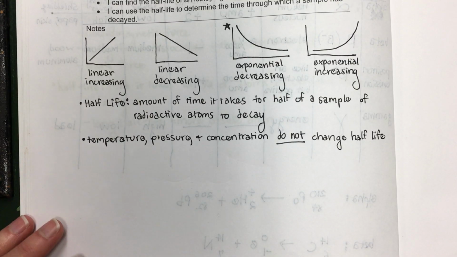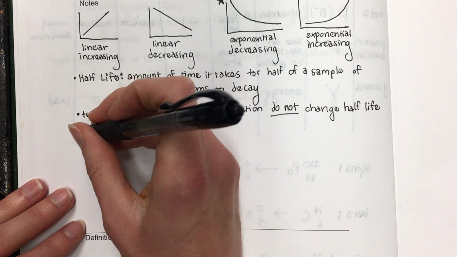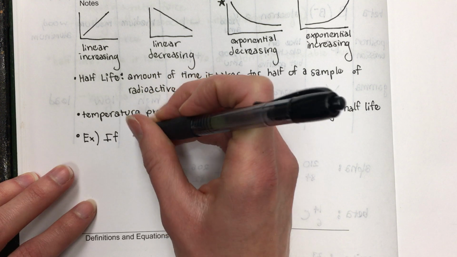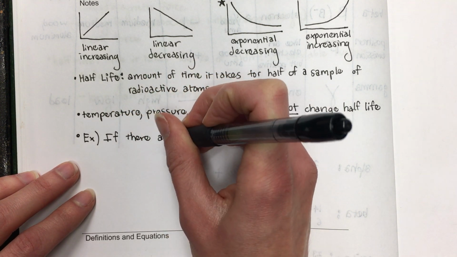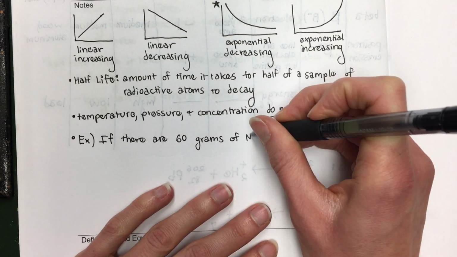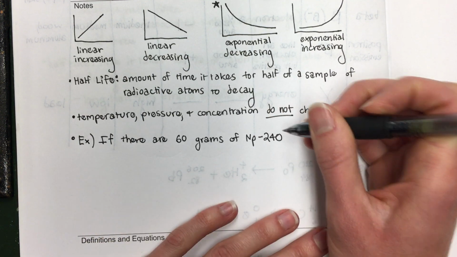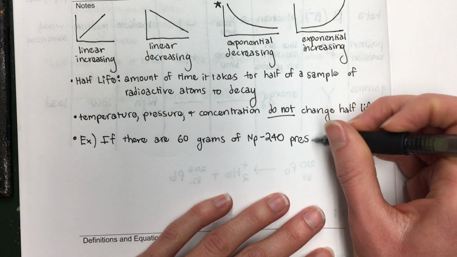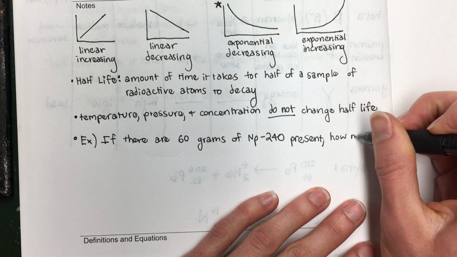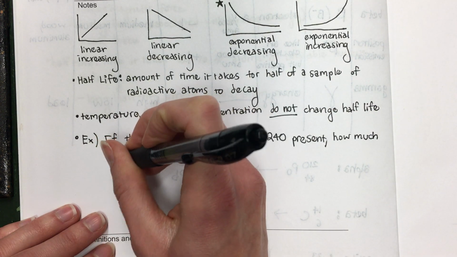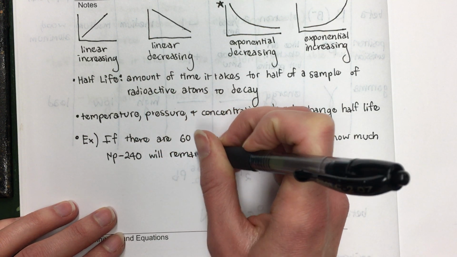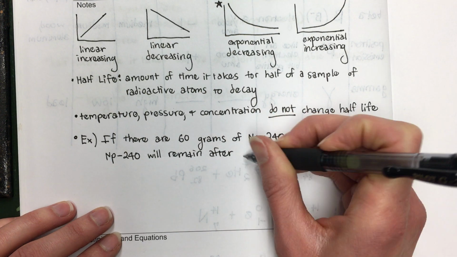That's pretty easy. Then we're going to do one other kind of math type example that we're going to write down in the notes, and this is the last thing we're going to write down, just this example and how to solve it. So if there are 60 grams of Np240, that's neptunium, an element you probably haven't ever heard of, if there's 60 grams of that present, how much Np240 will remain after 4 hours?